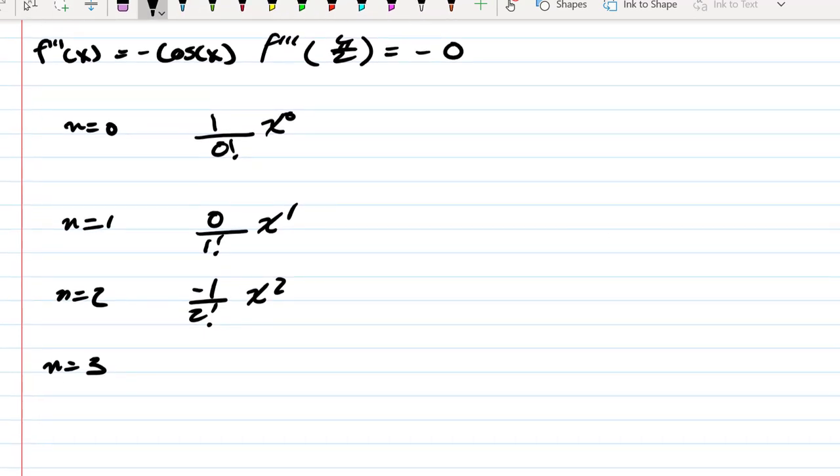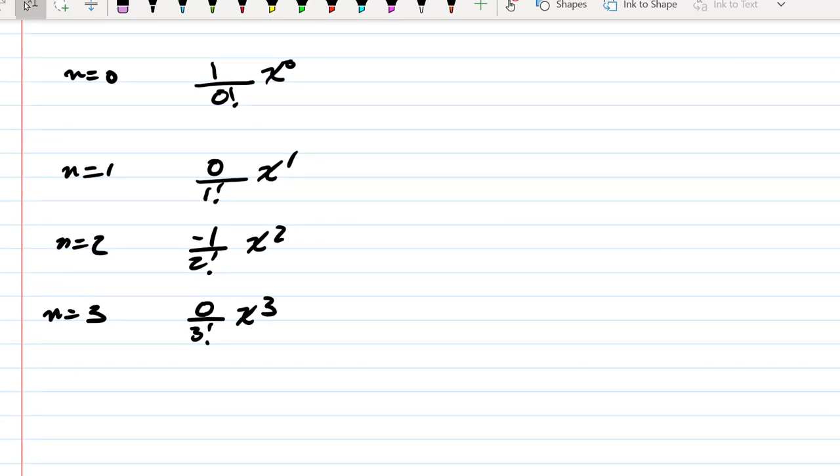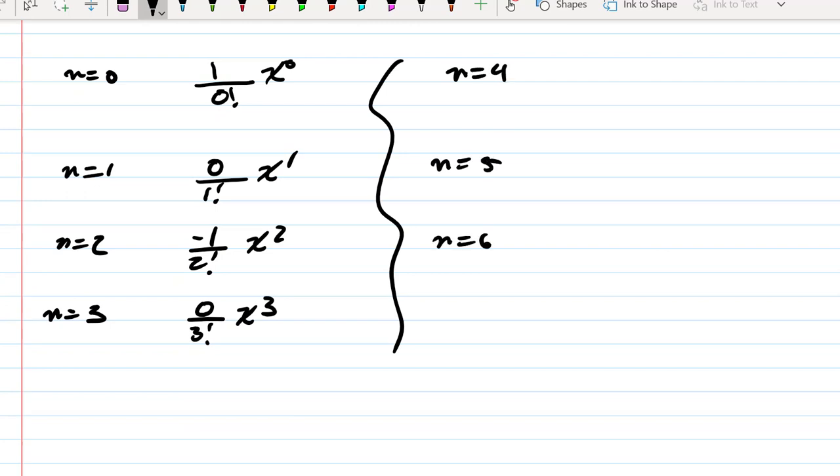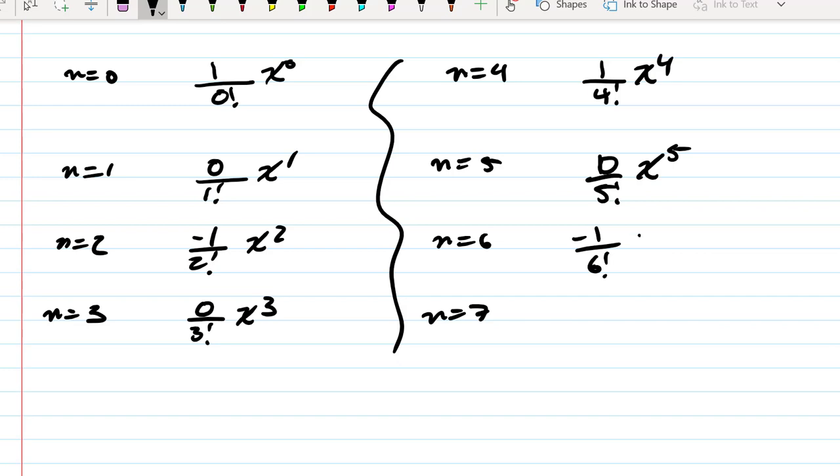And for n equals 3, we get 0 over 3 factorial x cubed. And then we start recycling. So for n equals 4, 5, 6, and 7, we're going to have 1 over 4 factorial x to the 4th, 0 over 5 factorial x to the 5th, negative 1 over 6 factorial x to the 6th, and 0 over 7 factorial x to the 7th.